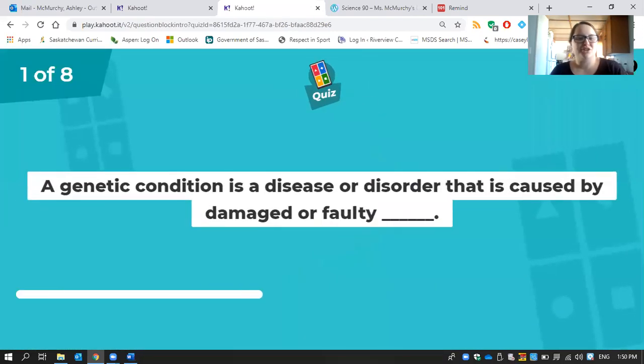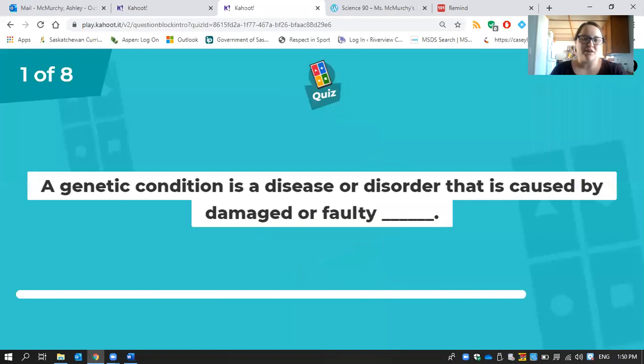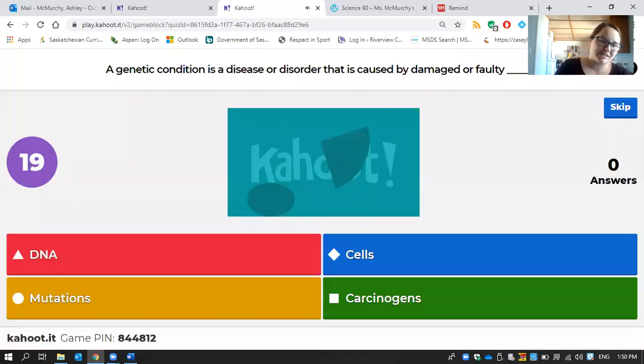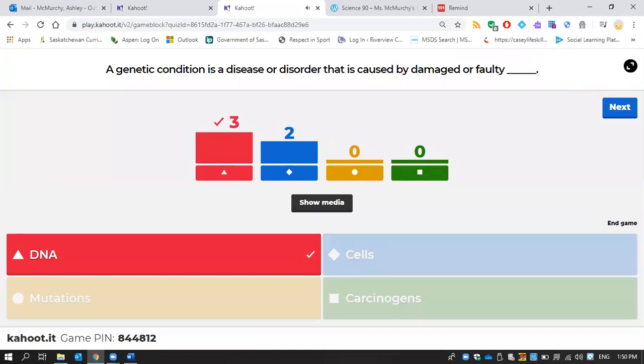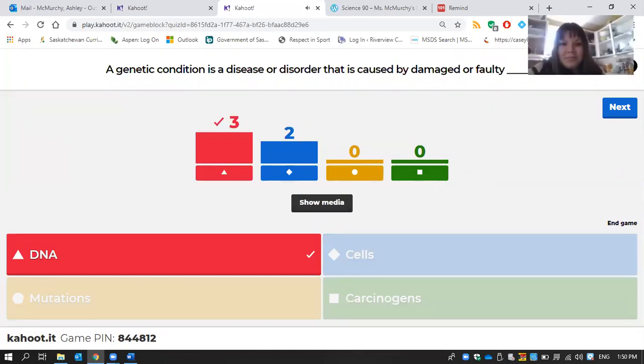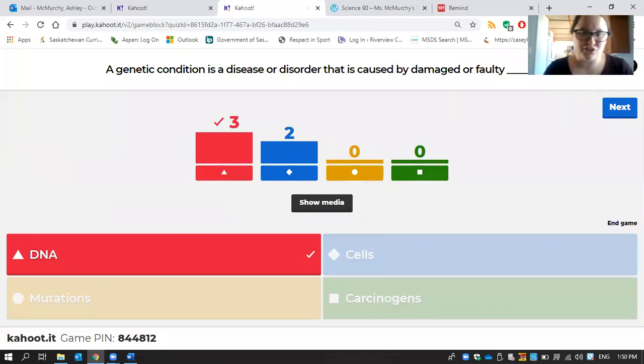So a genetic condition is a disease or disorder that is caused by damaged or faulty DNA, cells, mutations, or carcinogenics. Good job, guys. Technically, there's more than just that with cells, but genetic conditions are really more towards the DNA.